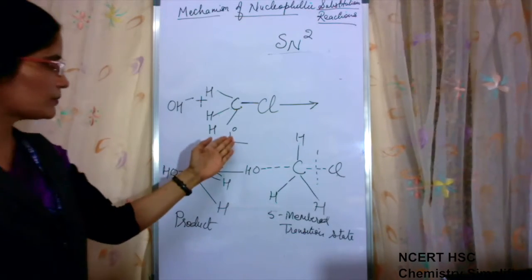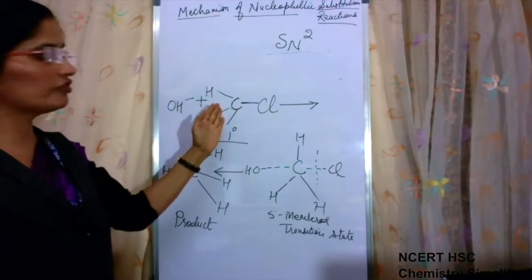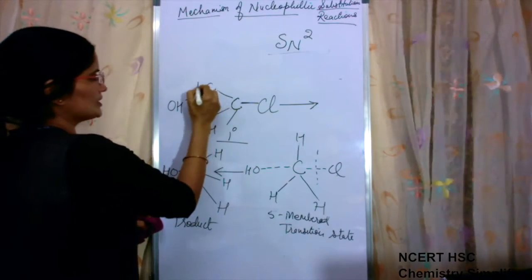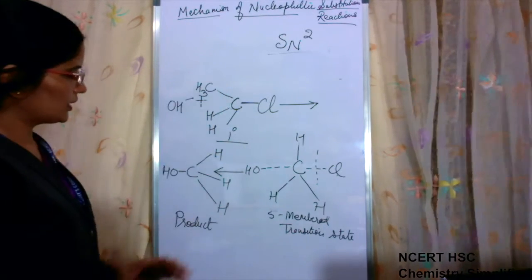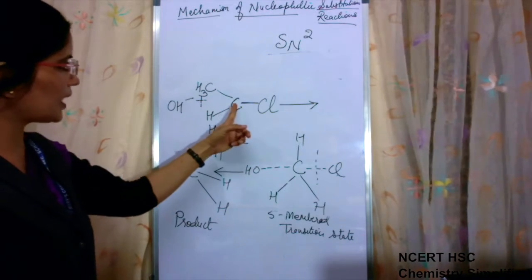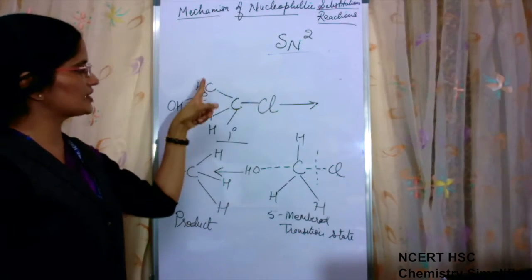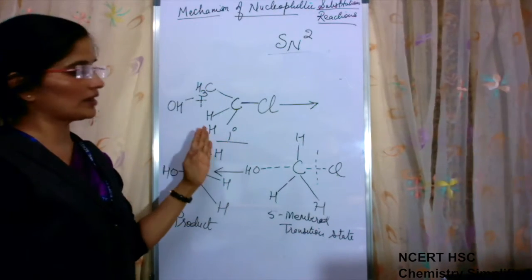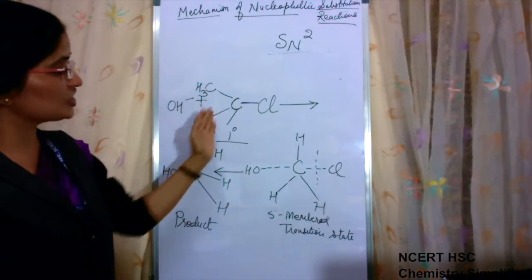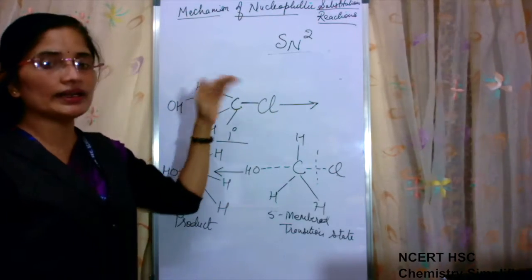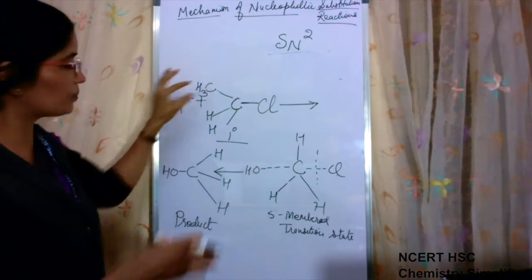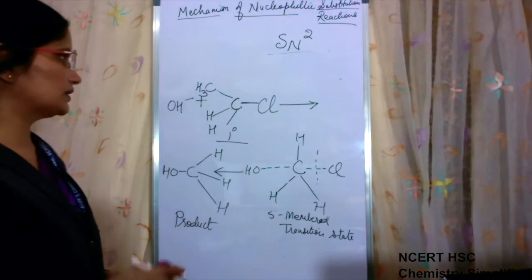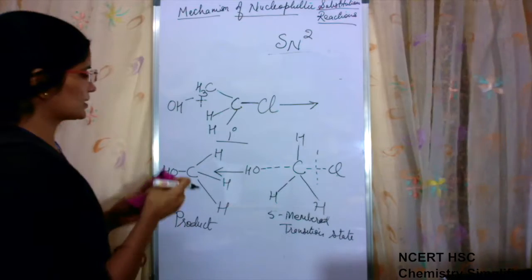That means if it is 1 degree, it is easy for the nucleophile to attack. Suppose this molecule has a CH3 group here, then it is still 1 degree, because the carbon atom which bears a halogen is attached to only one other carbon atom. Still it is 1 degree, but as compared to CH3Cl, the attack will be a little difficult, because this is a big group and will occupy more space, but it will still be fast.